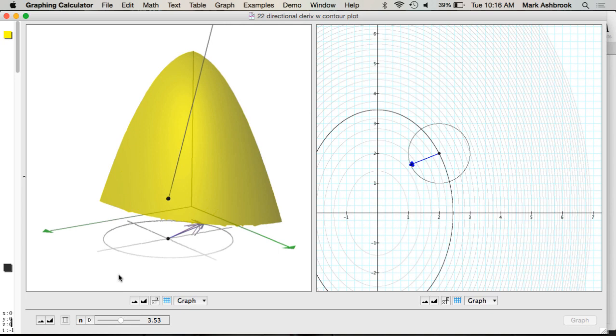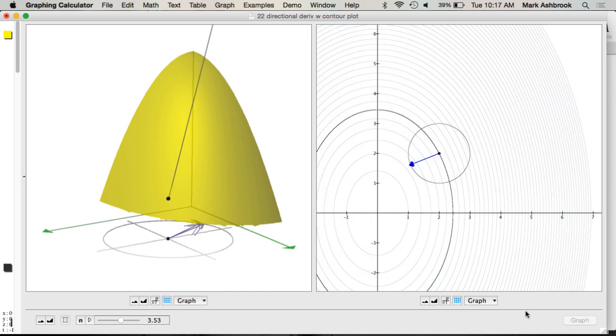Can you see the contour lines? It's not pointing at the origin. Yep, it's orthogonal to the contour line. You see this? The direction of max rate of change is orthogonal to your contour line.